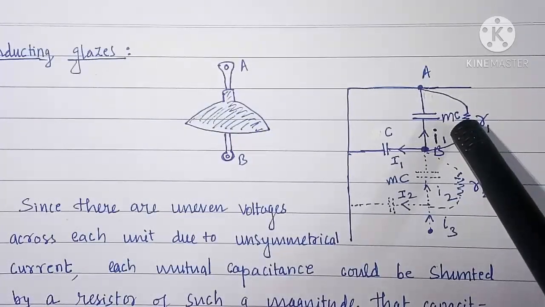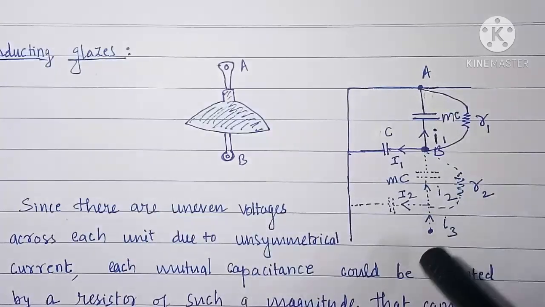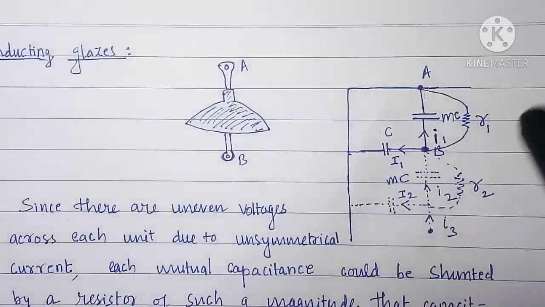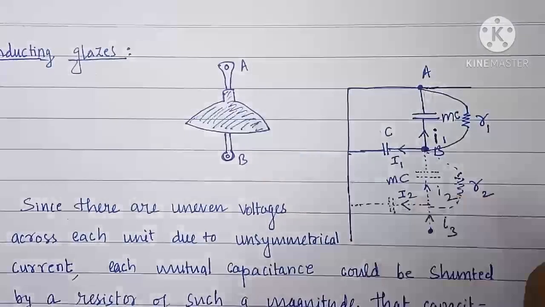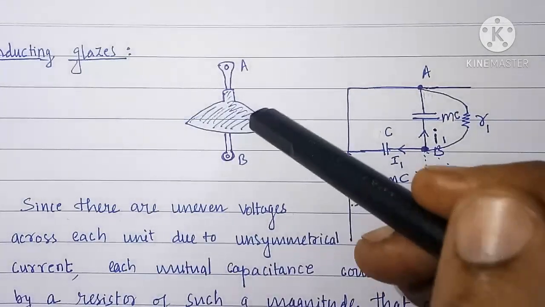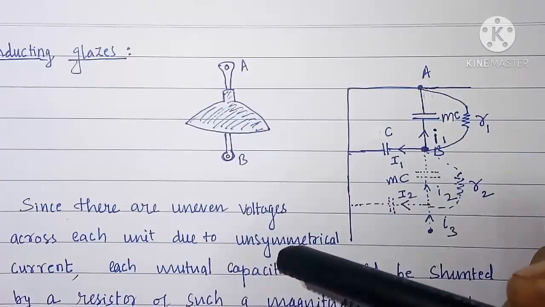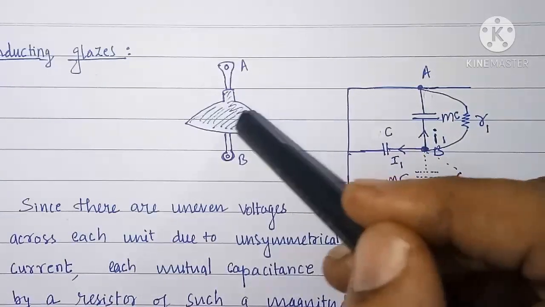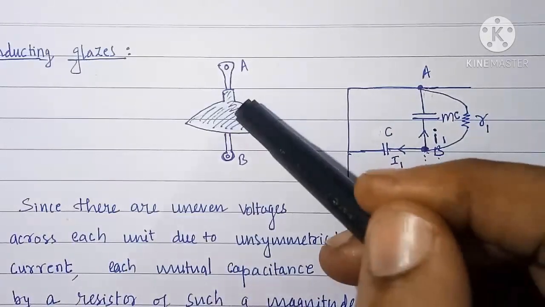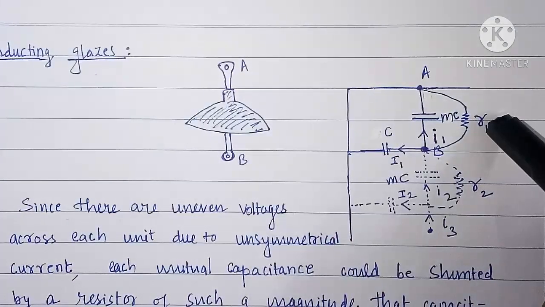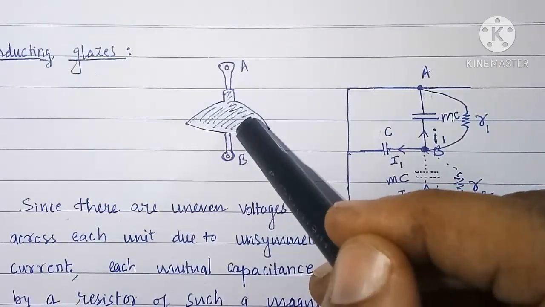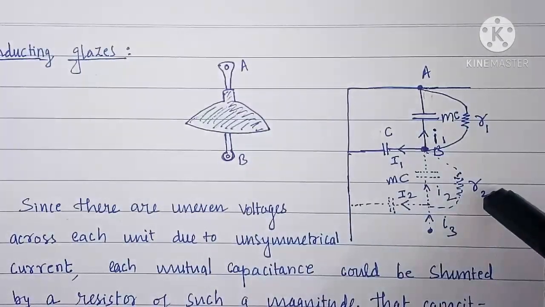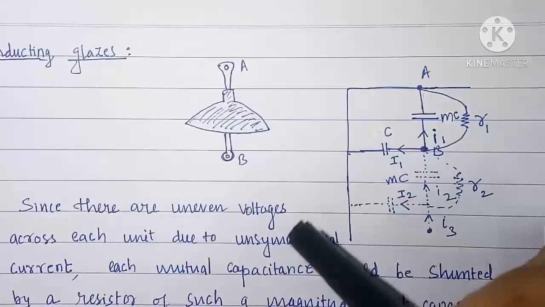And to implement the connection of such resistors, the surface of the insulator unit is glazed with conducting material. That conducting material should have resistance equal to R1 for unit 1, resistance equal to R2 for unit 2 and so on.